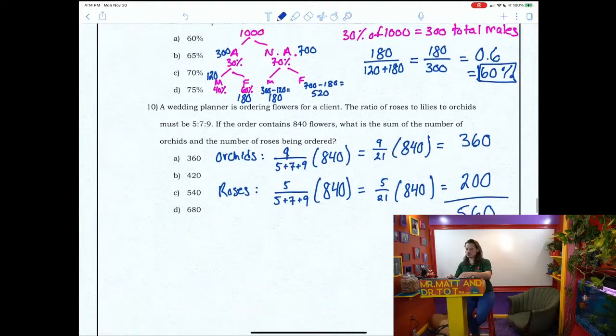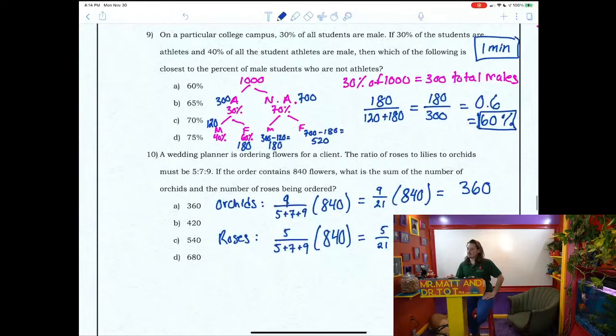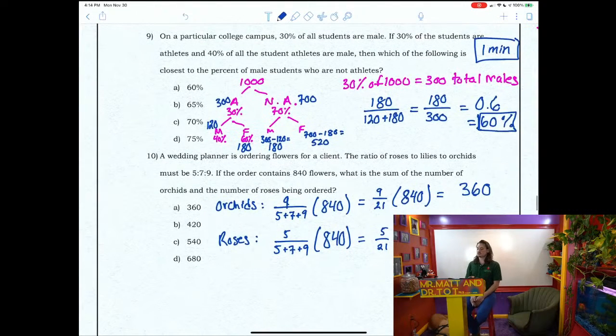Okay, so looking at question number 9, if we divide these into categories, starting with an assumed total number of 1,000 students, then if 30% are athletes, that means there are 300 total athletes.